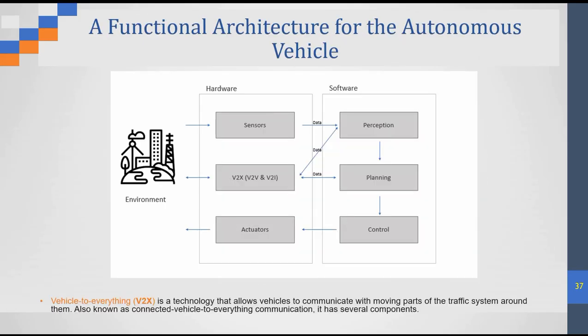So here are the elements of these vehicles, the hardware and the software. We have environments, and these environments interact with the hardware. The hardware has the sensor to receive the information from the environments, and this information will be received by the software.